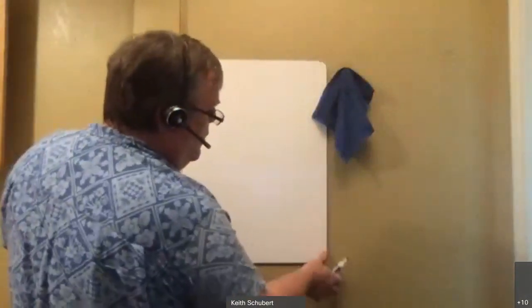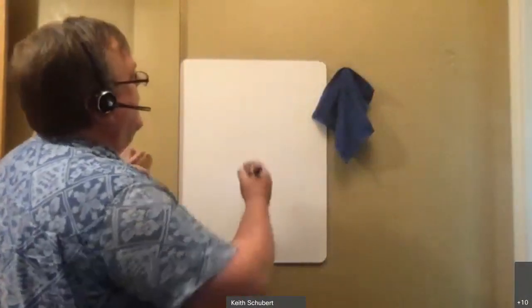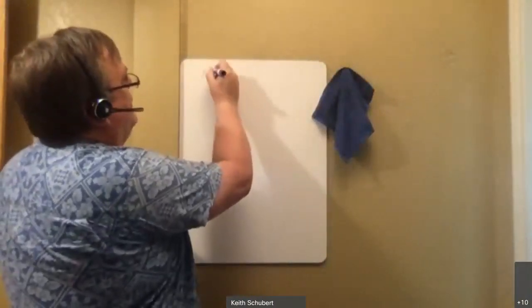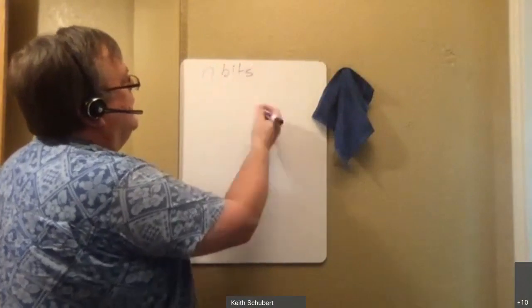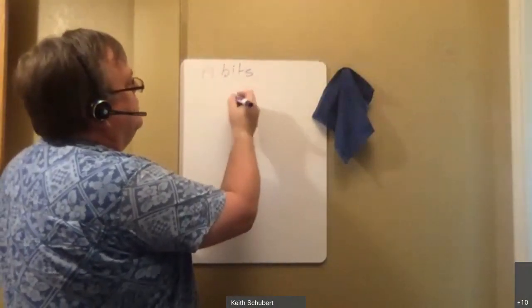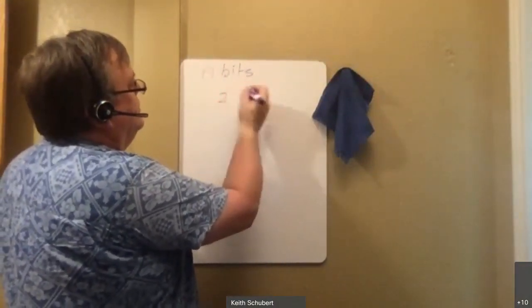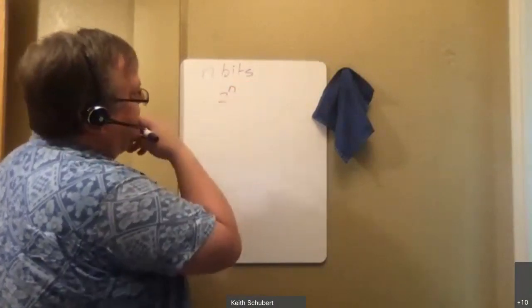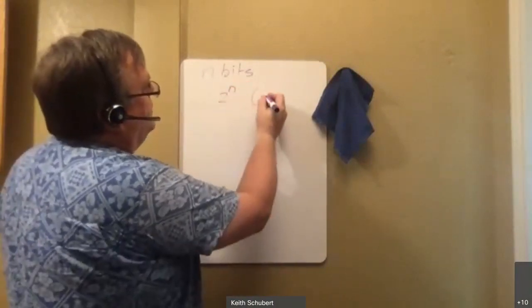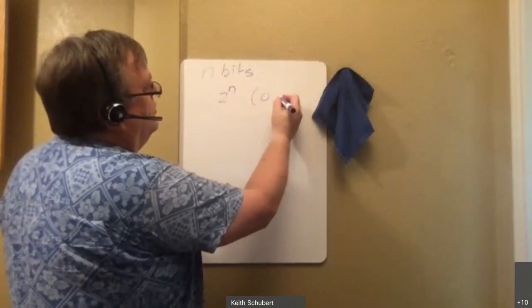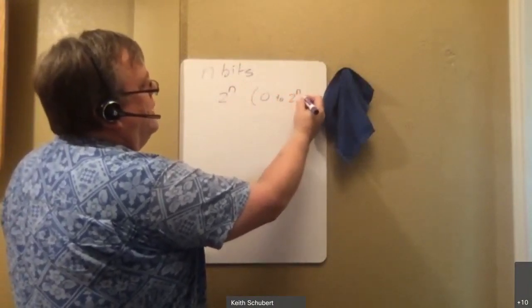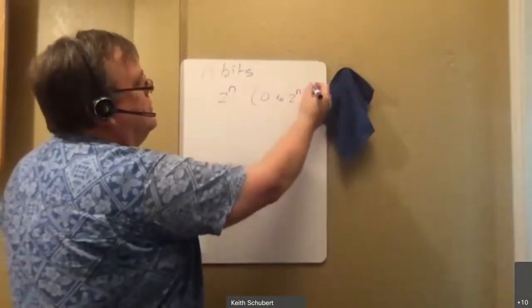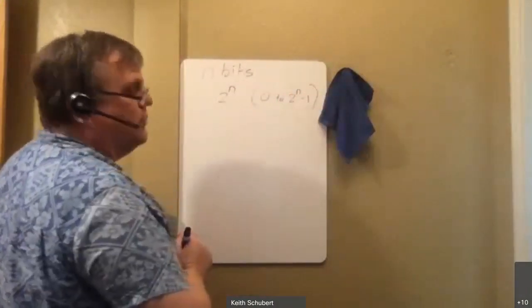Now, what if I want something that's not a binary? Obviously, if I have n bits in my counter, and I'm doing a binary count, then I'm going to get 2 to the n states, which will be numbered from 0 up to 2 to the n minus 1. And that's the range of numbers I'm going to get.